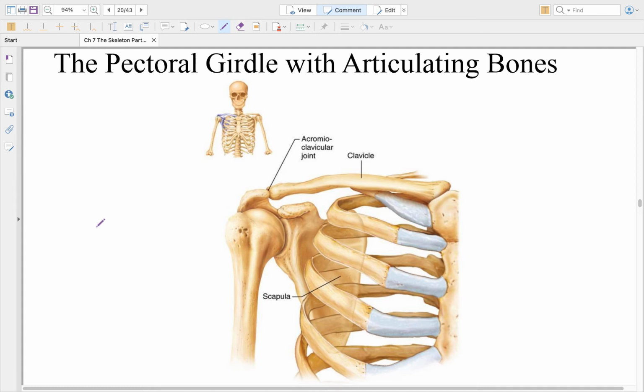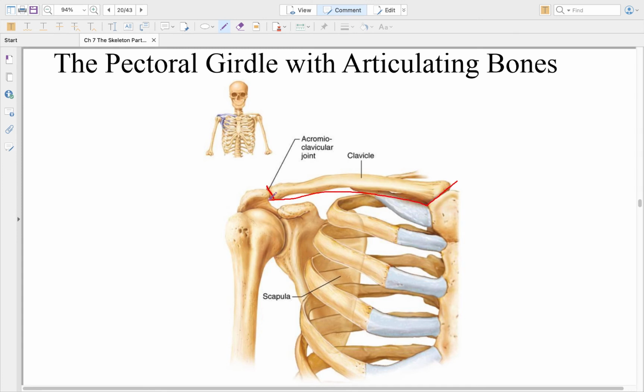Okay, taking a look at the pectoral girdle, this is our shoulder blade connected to our clavicle, which is our collarbone, and together, along with ligaments, tendons, muscles, we connect the clavicle.